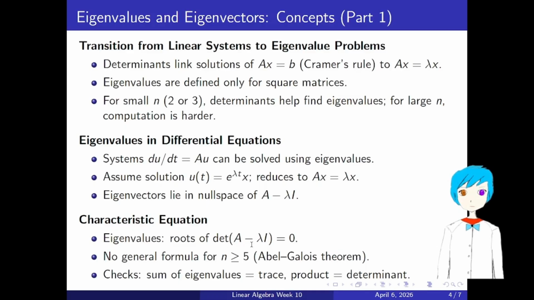Usually there is no general formula if the degree of this polynomial is greater than 4. However, we can solve it numerically to get a good approximation of the eigenvalues.